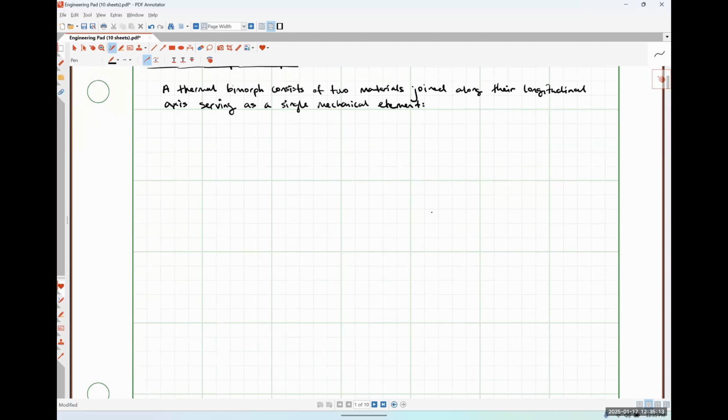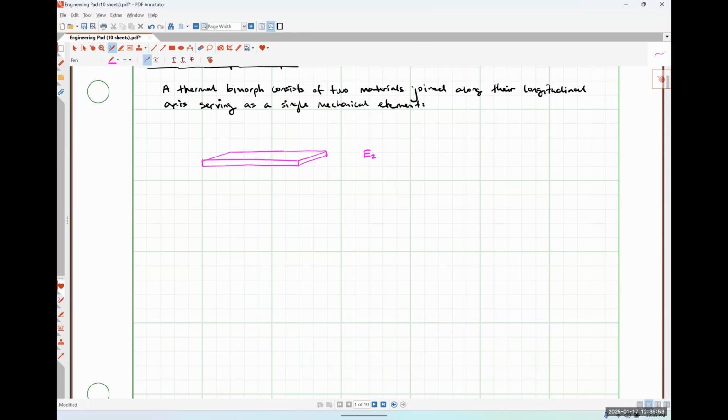So I'm going to attempt to draw something here. I'm going to start with one kind of thing on top here. And so this particular material in pink will have its own Young's modulus.